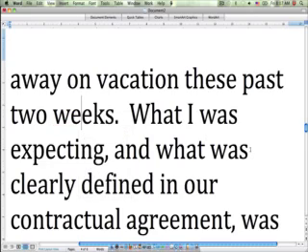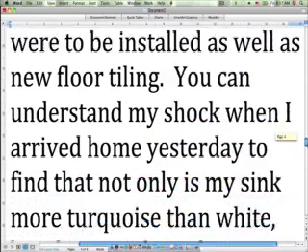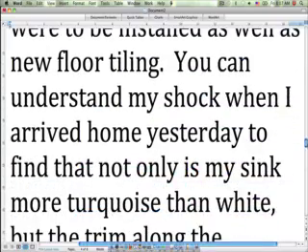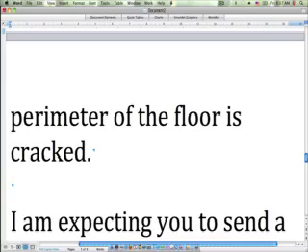What I was expecting and what was clearly defined in our contractual agreement was that a new eggshell white bathtub and matching sink were to be installed, as well as new floor tiling. You can understand my shock when I arrived home yesterday to find that not only is my sink more turquoise than white, but the trim along the perimeter of the floor is cracked.